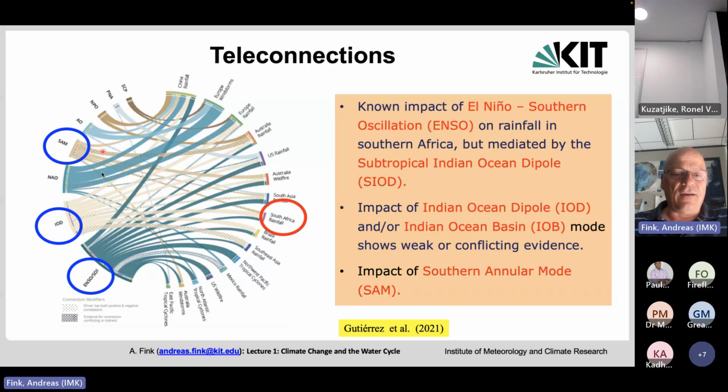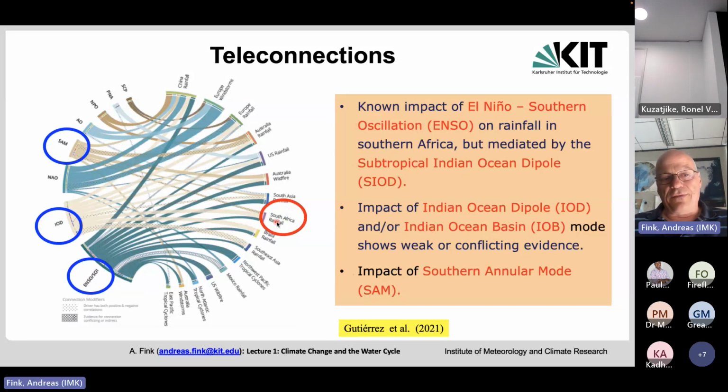So this is a figure from the last IPCC report. I have encircled South Africa here, South Africa rainfall. And when you follow these lines here, this is the Southern Annular Mode, Indian Ocean Dipole, and so you see the connection to the rainfall here in South Africa.